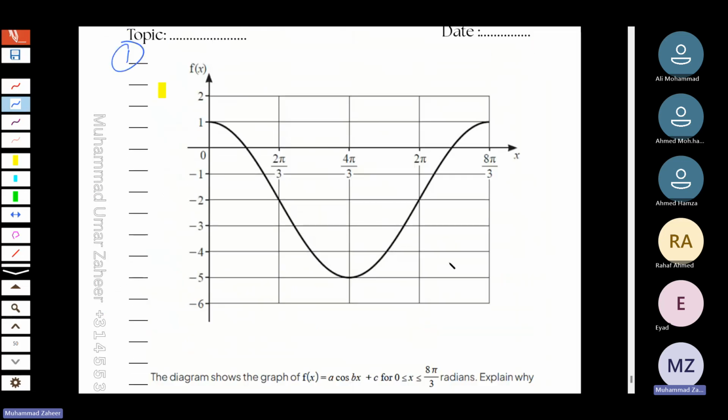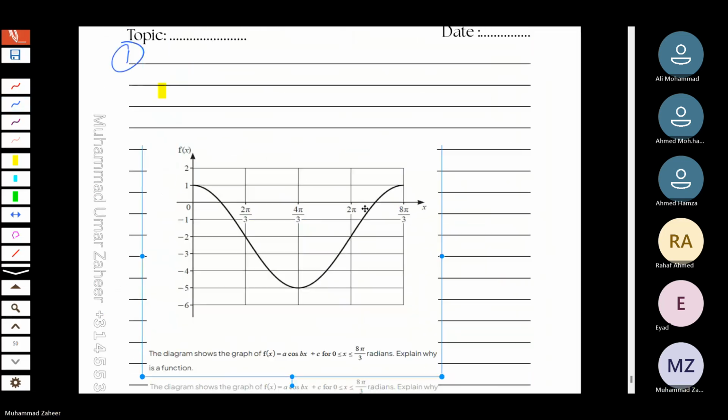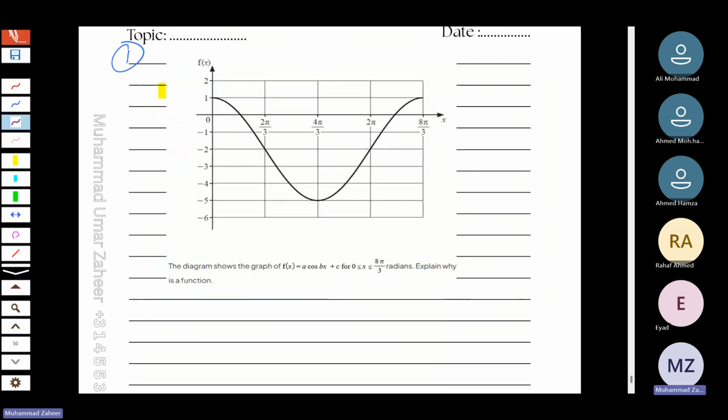The examiner gives you the graph. The examiner gives you the graph and says that the diagram shows a graph of f of x equals a cos bx plus c for x greater than 0 and less than 8 pi over 3 in radians. Explain why it is a function.